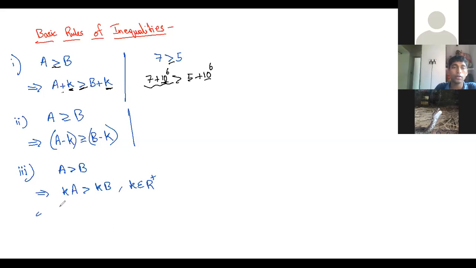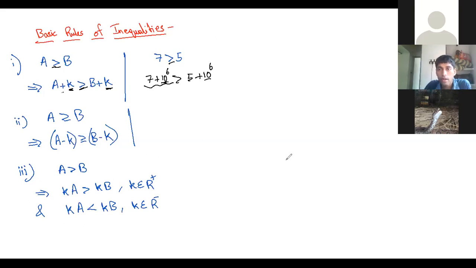And KA will be lesser than KB if K is a negative real number. So based on whether K is positive or negative, the inequality is changing. So for the first time, we are seeing that the inequality is changing. What is happening? Let us just look into what is happening.